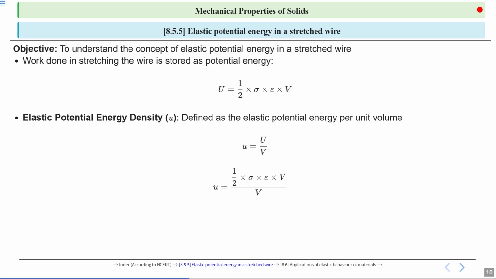Let's substitute the expression for U into our formula for u. So we get u equal to 1 by 2 into sigma into epsilon into V, divided by V. So V cancels out. Alright. So the remaining terms: u equal to 1 by 2 into sigma into epsilon.